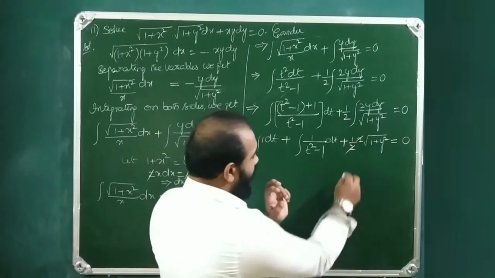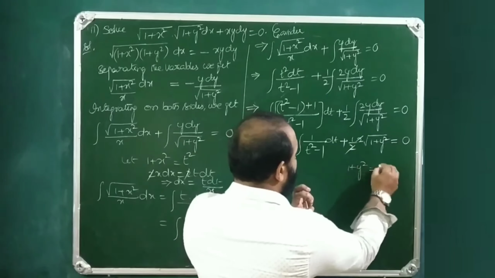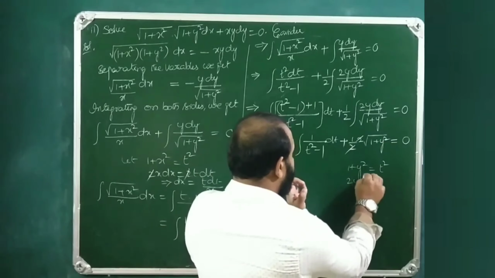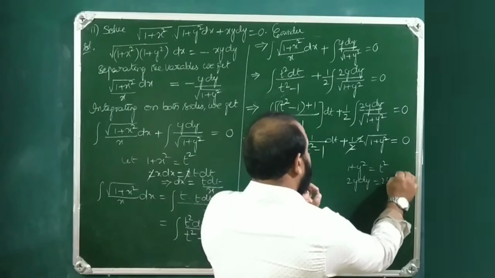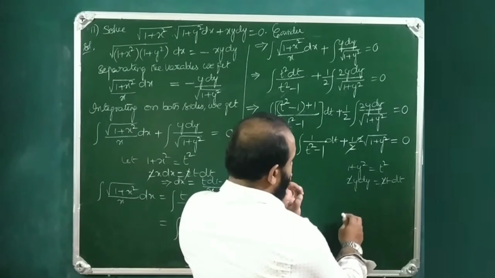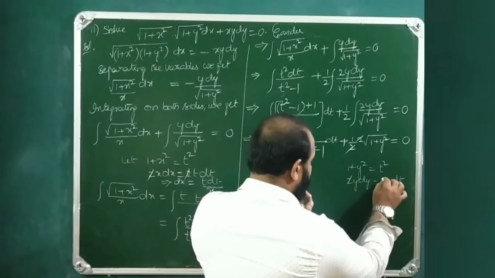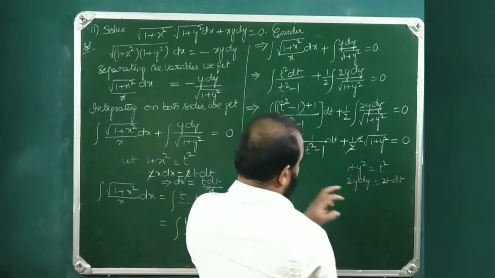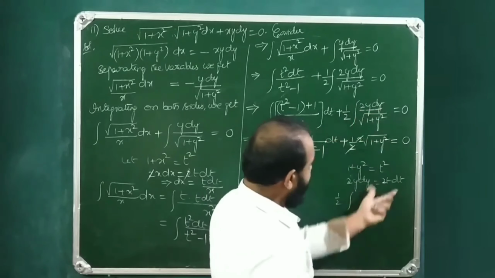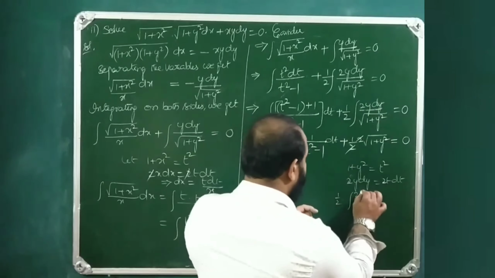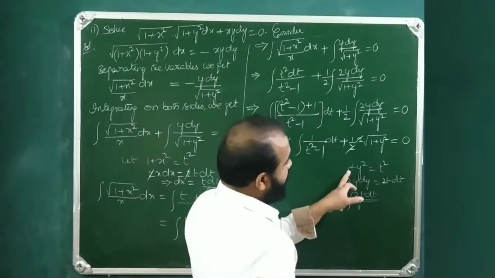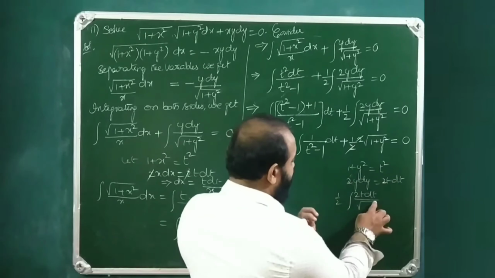I'll tell you again. If 1+y² equals t², otherwise you take 2y dy equals 2t dt, so 2 gets cancelled. Otherwise don't cancel it. Now what is 1 by 2 into 2y dy? 2t dt by √(1+y²), which is √(t²), that is t.